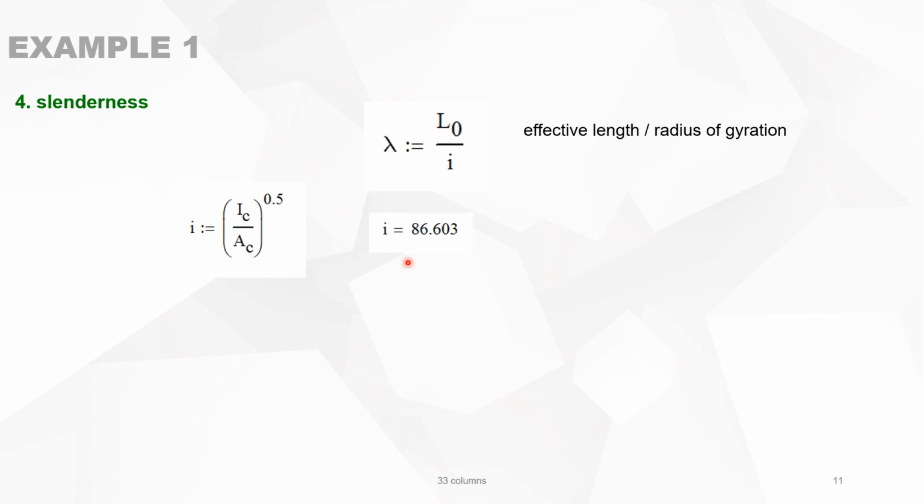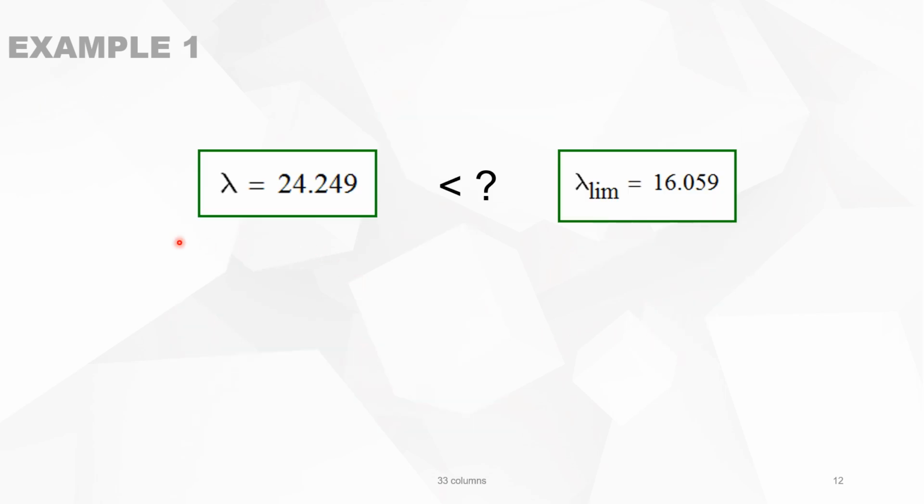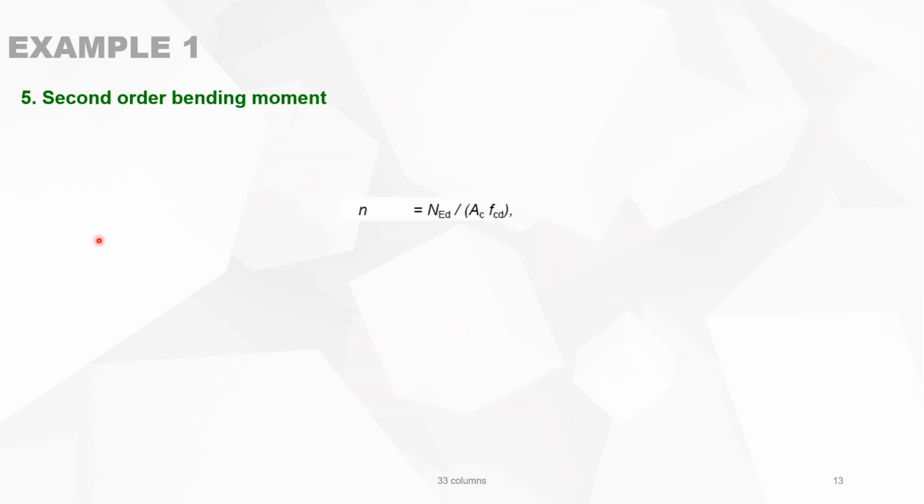And doing so, we achieve i equals 87 and lambda is 24. So we see lambda should always be smaller than 140, so that is fulfilled, that's okay. But we see that the slenderness of the column is bigger than the limit value of the slenderness, so we have to take second order bending moments into account. So the check for buckling is needed.